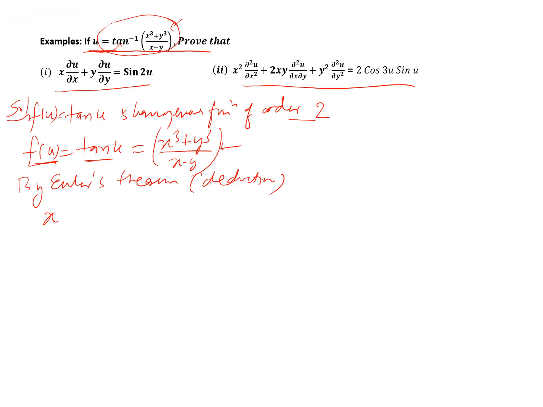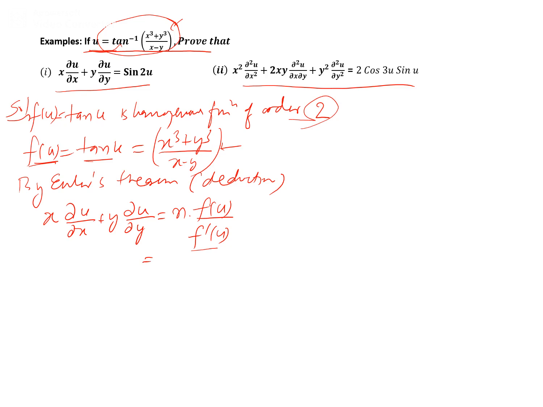So we can write directly x del u upon del x plus y del u upon del y is equal to n times f(u) upon f dash u. So here we just solve the right hand side. n is what?